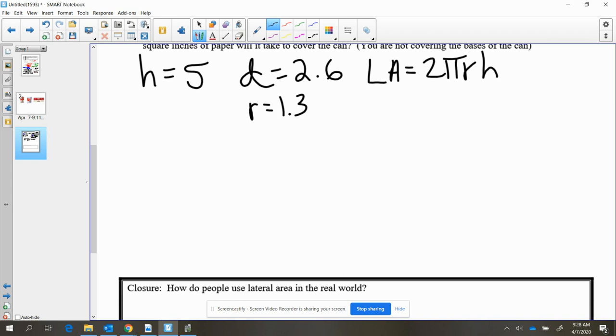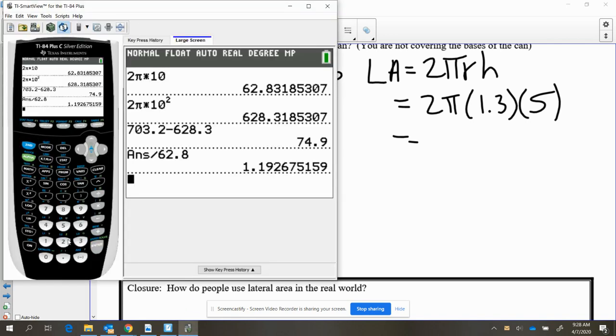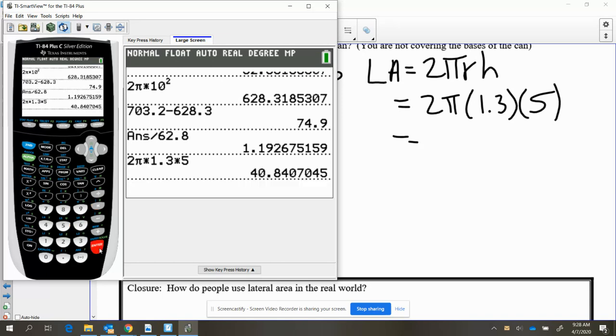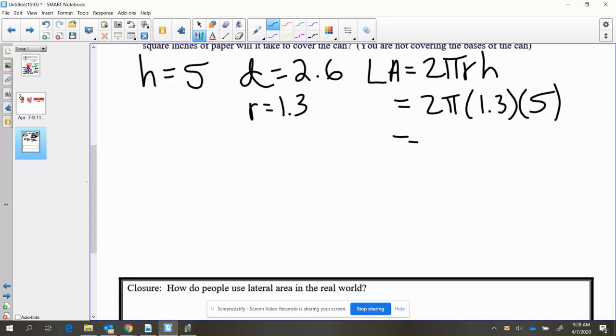We're going to get 1.3, and then plug in 2 times pi times r times h. If we plug this in here, 2 times pi times r, and then h, we get a total of about 40.8 square inches is how much paper we are going to need.